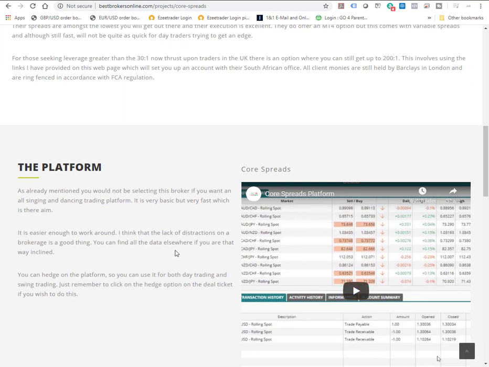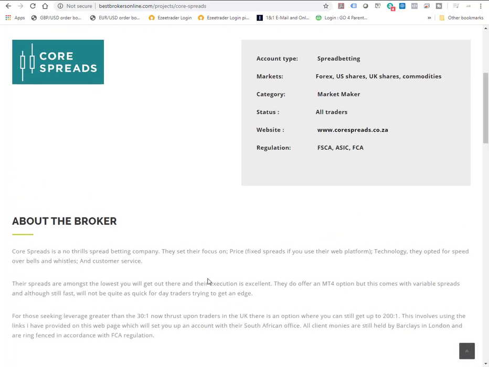It's got to be the most basic platform I've come across by far, which is in a sense quite a good thing, because all those bells and whistles often get people completely befuddled. That's a very technical term, by the way. Here it's all very simple. You just literally find out what you want to trade, click on it, opens a ticket, click on the ticket, but you can watch through here.